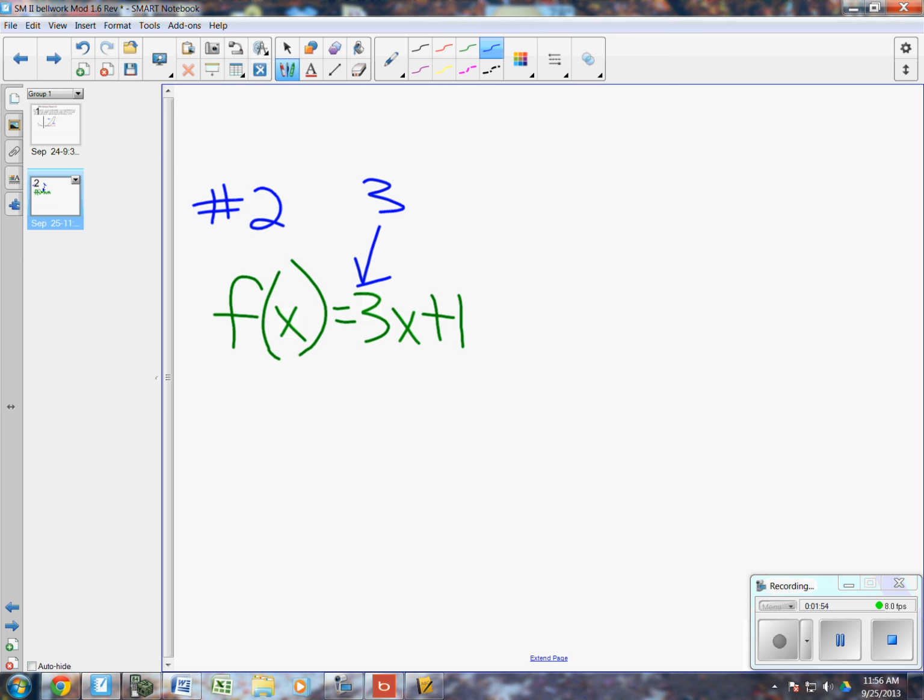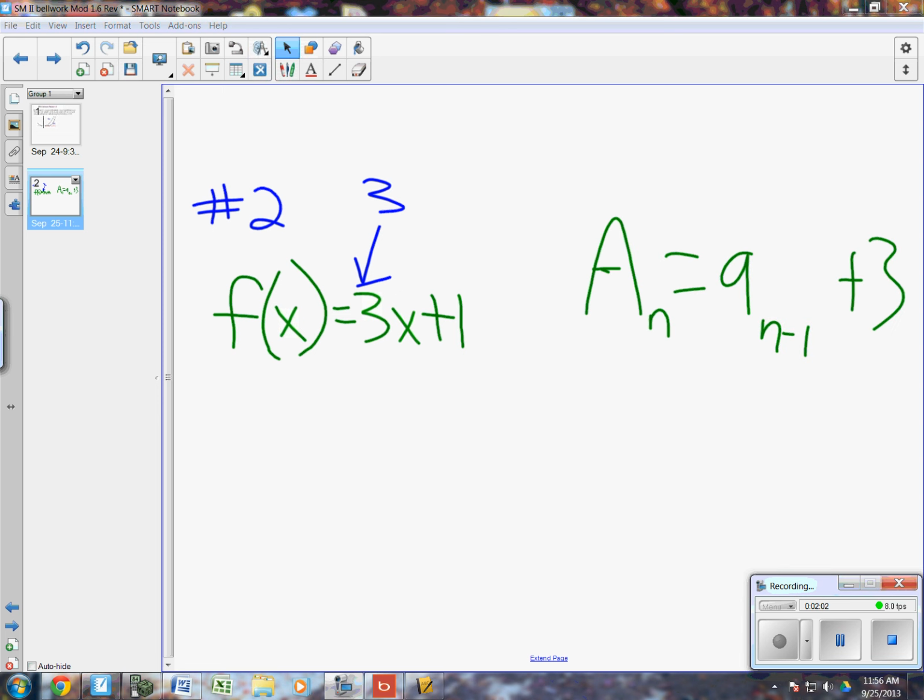Okay. All right, we're going to go on to a recursive formula. Okay. Kelvin's going to do a recursive formula. All right. Kelvin wrote a sub n equals a sub n minus 1 plus 3. Now, all you have to remember on a linear, this is really easy.